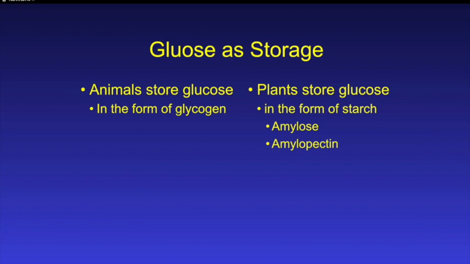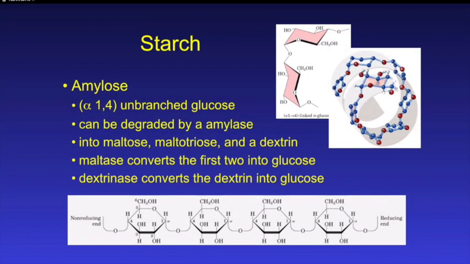Glucose, normally the first thing we think about is storage in terms of energy. In the animal form, there is glycogen, and in the plant form, we have starch. There are two versions, amylose and amylopectin, and we'll take a look and see what the differences are. Amylose is the simplest type of starch.